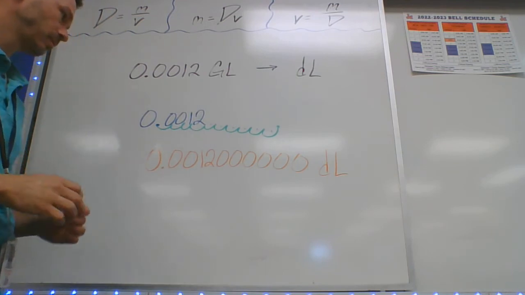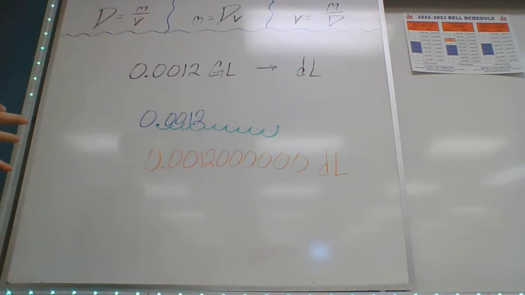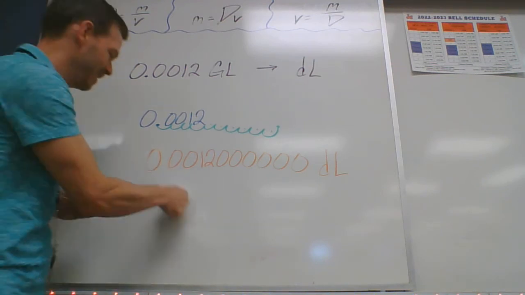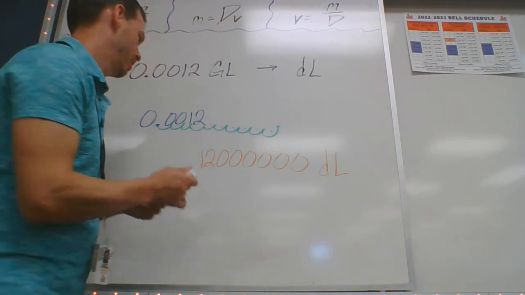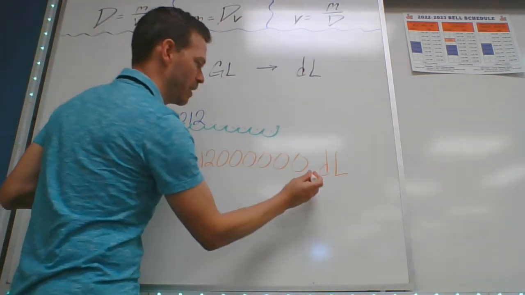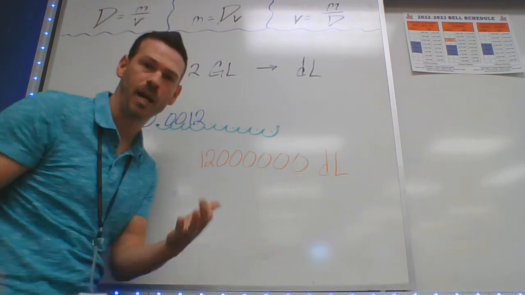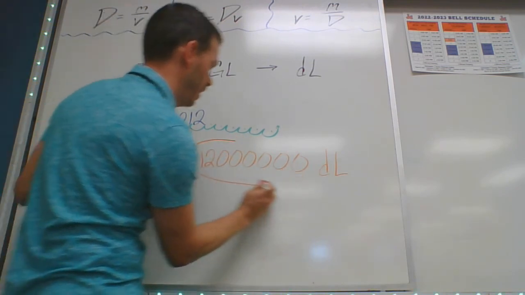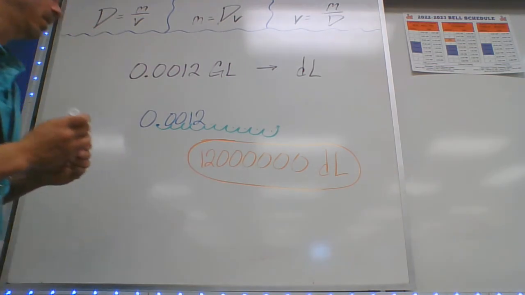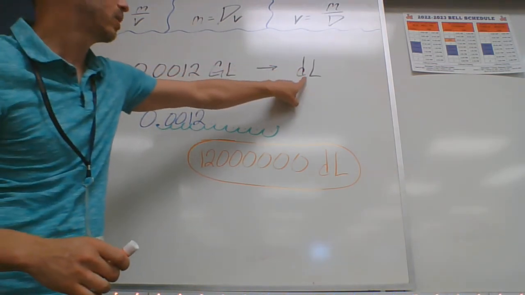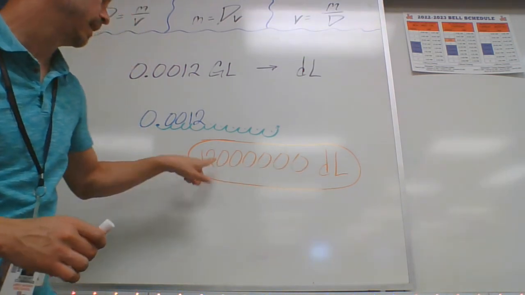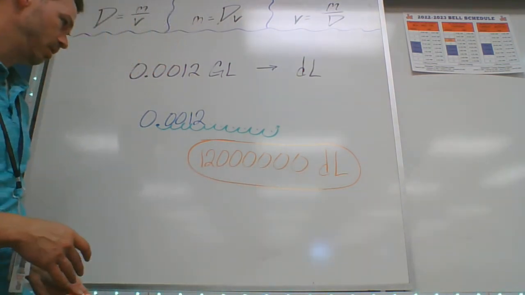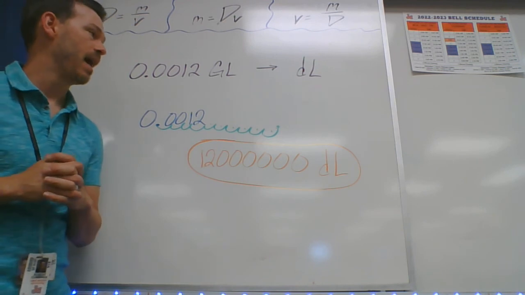We moved the decimal over there. That is the decimal slid over to this position. We don't want to show the decimal because that would add sig figs. But there's your answer. The unit got smaller, the small number got a lot larger. Now it's sitting at 12 million deciliters in that many gigaliters.